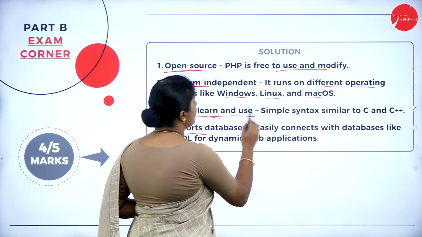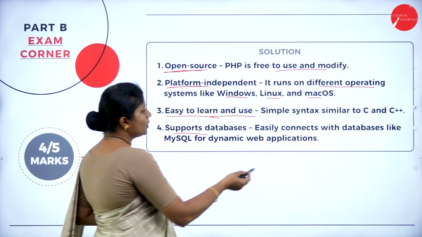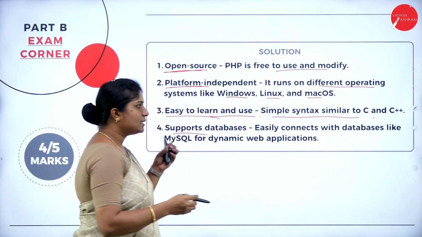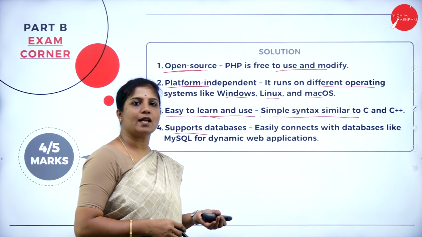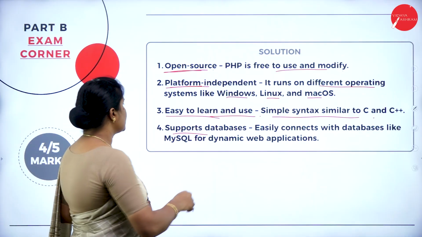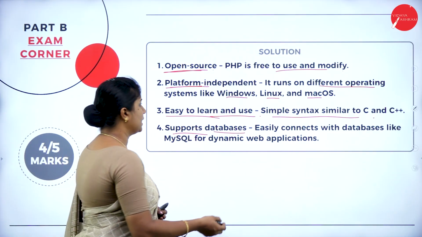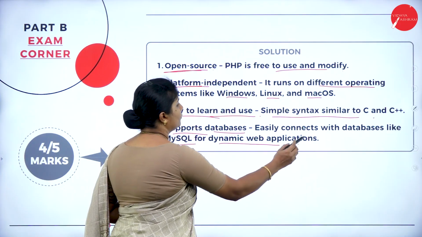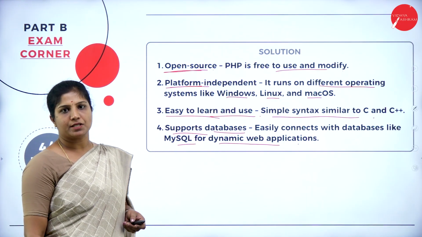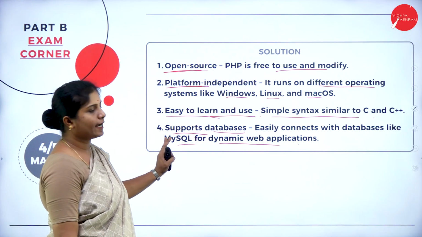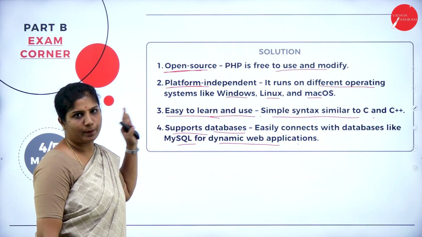Next, it is easy to learn and use. So it follows simple syntax like C or C++. Next, supports databases. So it can be easily connected with databases like MySQL for dynamic web applications. So here for 4 marks, I have explained 4 features of PHP.